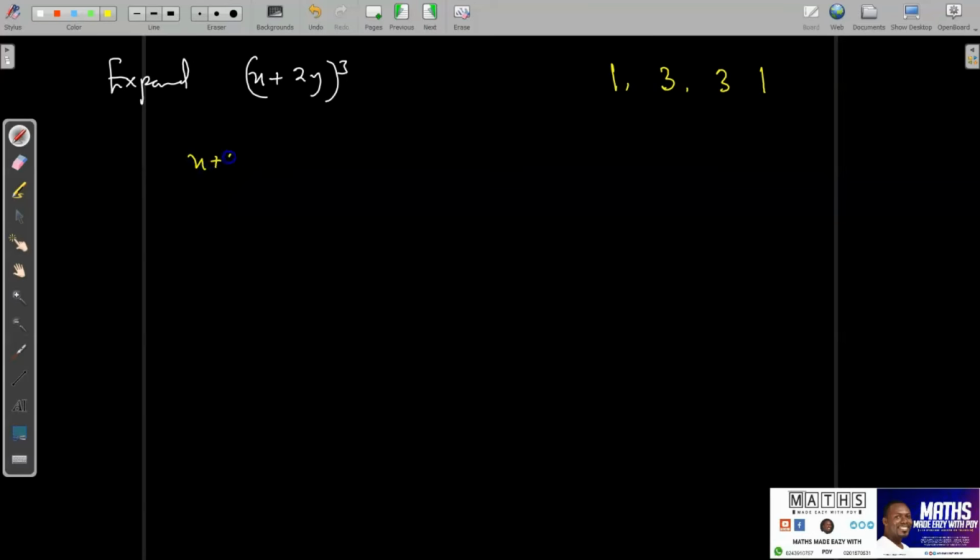So having x plus 2y all to the power 3, this is equal to, you can go ahead and write down the powers of this expansion for each term, before you bring in the coefficients. And what are they? We should have x to the power 3 and 2y to the power 0. Then plus x to the power 2 and 2y to the power 1.